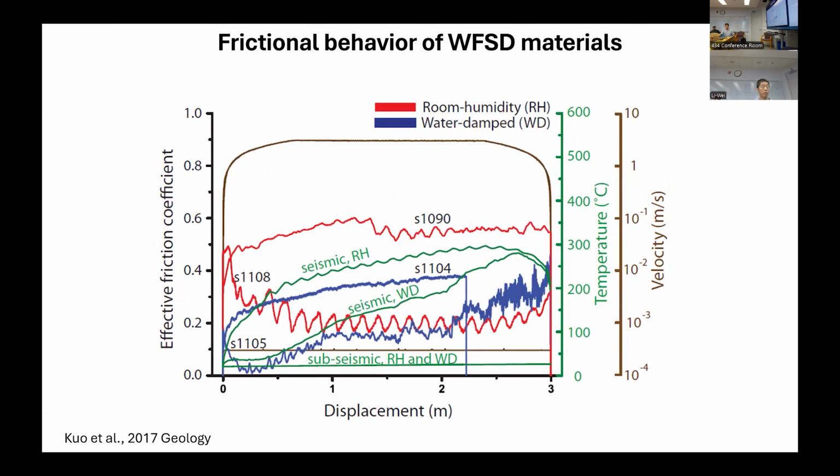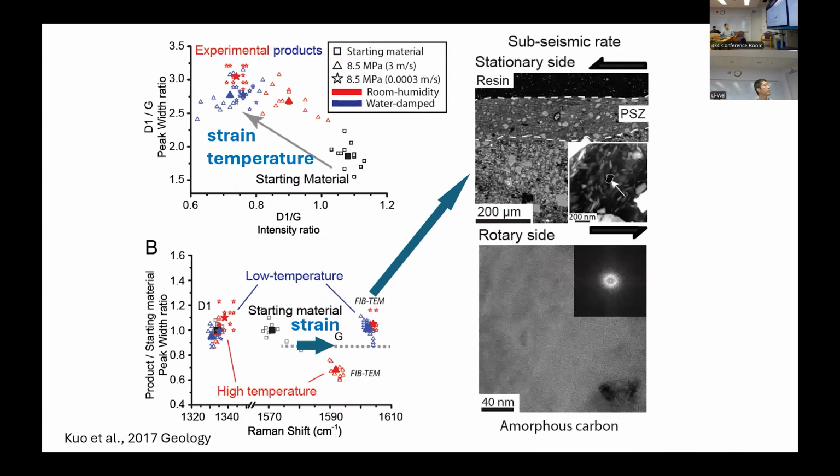So we do rock friction experiments, and this is a log curve, but all you need to take care of is that we do the friction experiment at seismic slip rate here under room humidity, and the temperature goes high from the very beginning to the end. Others, of course, can heat up, but just in a very short period of time.